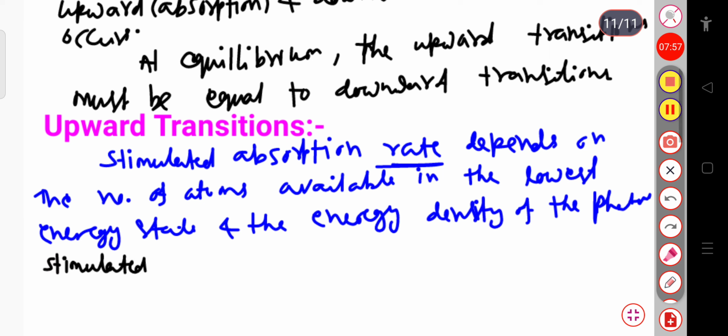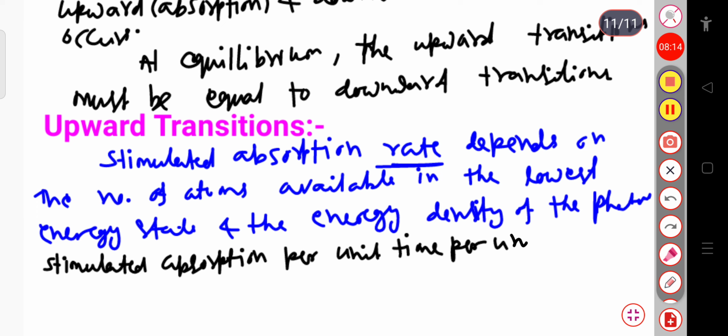Since here I am writing the stimulated absorption rate, that is the stimulated absorption per unit time, per unit volume, it will be directly proportional to N1, that is the number of atoms available in the ground state or the lower energy state, and also directly proportional to the density of the photon, that is U of nu.